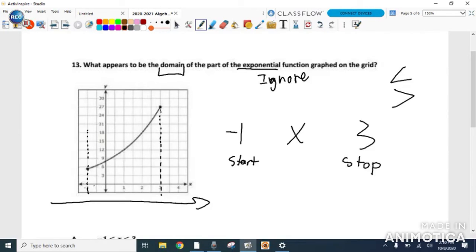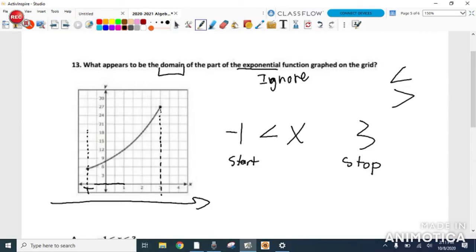It goes from -1, then to 0, then to 1, then to 2, and then to 3. My x values, when I start at -1 and I keep going, are getting bigger. That means my x is going to be greater than -1. All these numbers starting at -1 are bigger than it.